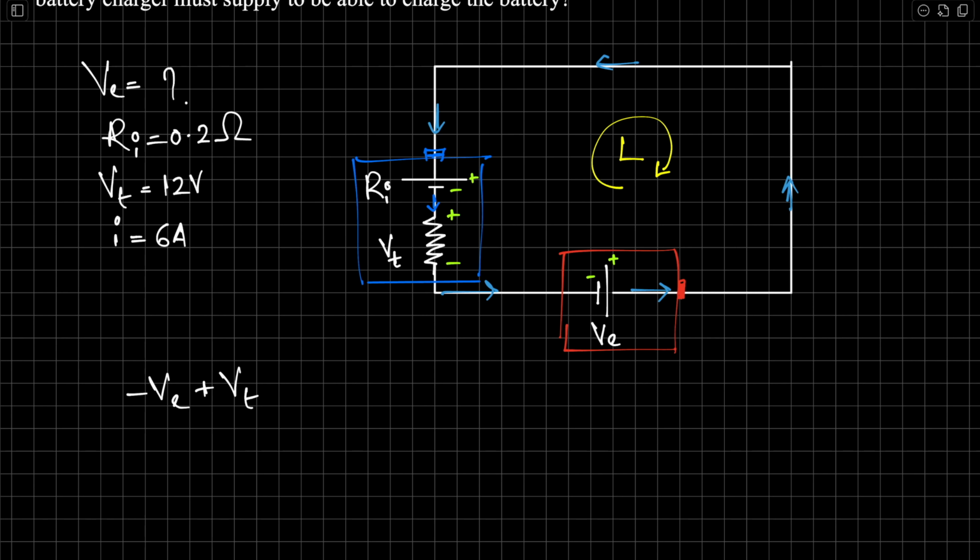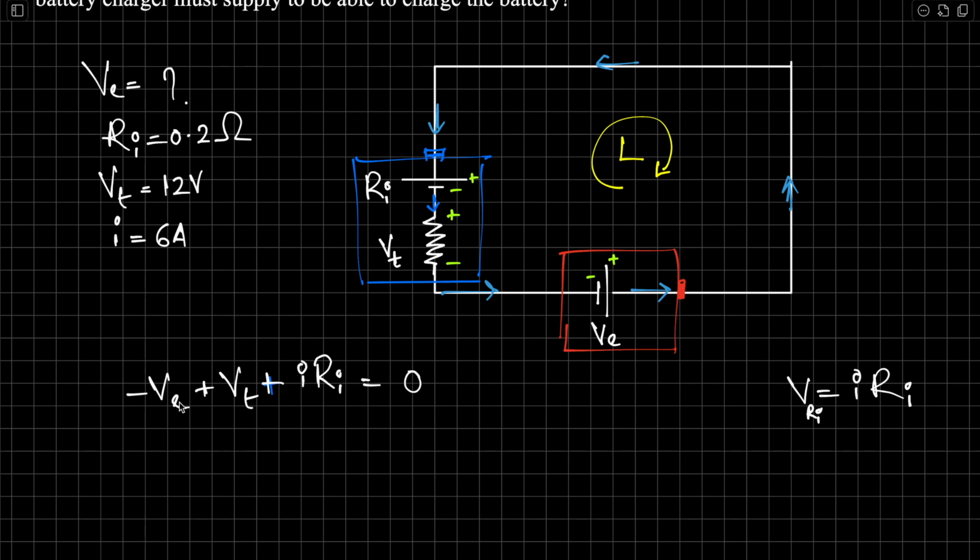So we need to find the voltage. V equals IR: the voltage across resistor Ri is the current flowing through Ri times the resistance Ri, that is IRi. Minus to plus is plus voltage across Ri. That's the whole loop. We are back at VE, equals 0.